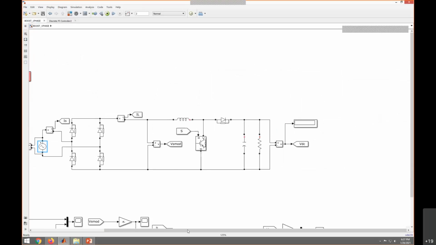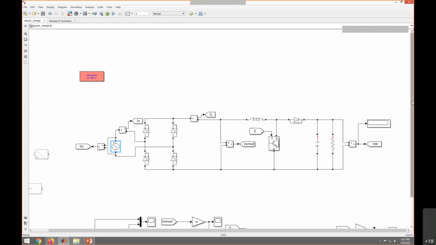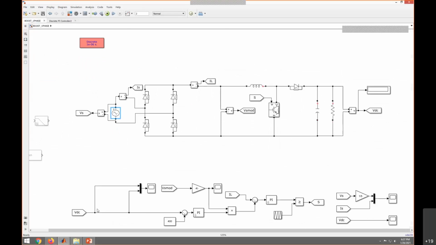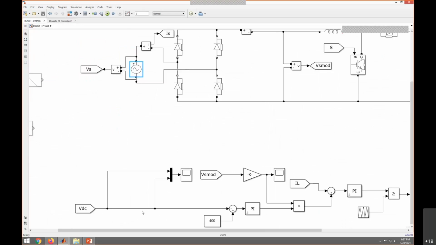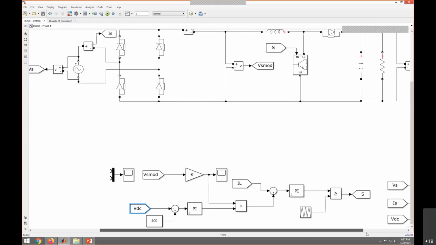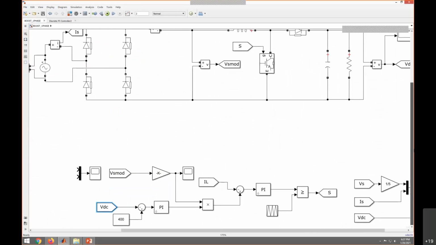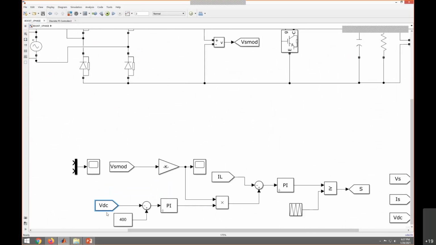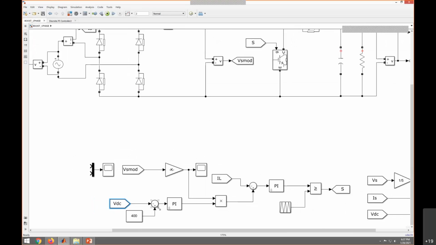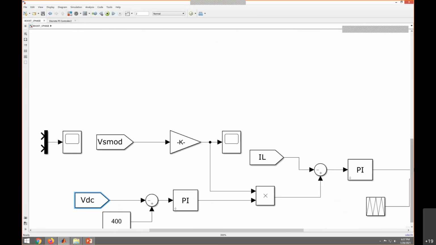So this is the circuit I developed here. Next, we come to the controller. In the controller, first VDC we need to measure, right?